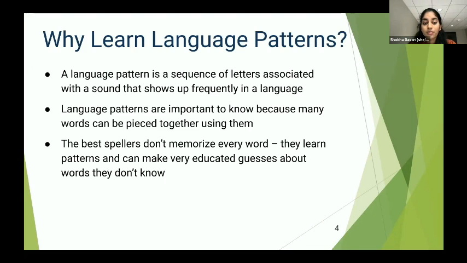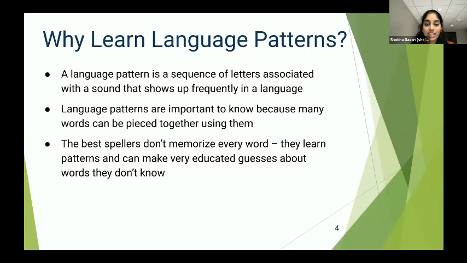The spellers who are the best at using language patterns actually don't really memorize every word, and they're able to use these different language patterns to make very educated guesses about words that they don't know. So you can hear the word, you can hear the language of origin, definitions, other things, and create a very educated guess about how the word might be spelled.